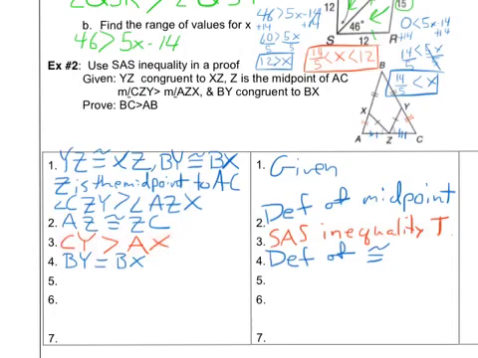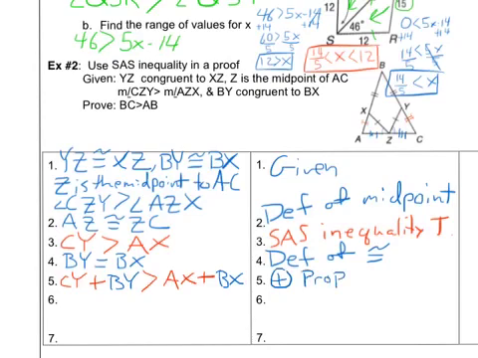So let's do that. CY plus BY is still greater than AX plus BX. And the property that lets me do that is simply the addition property, right?